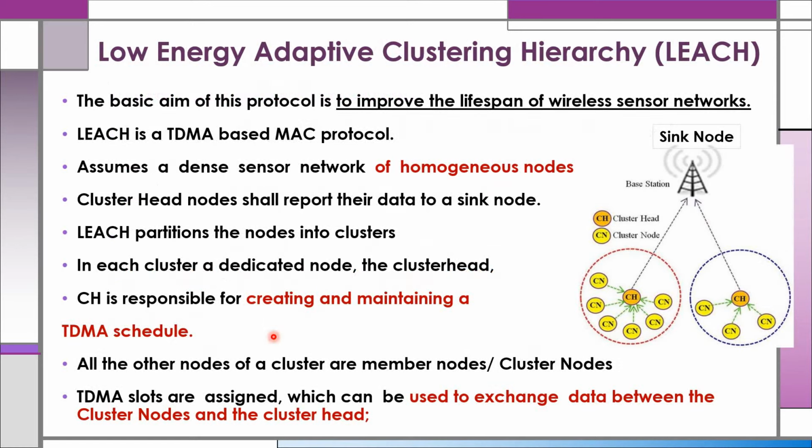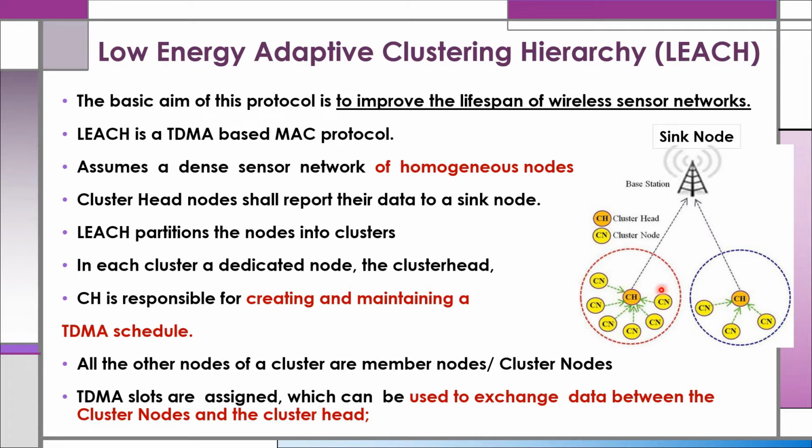So here, first of all, we are going to discuss some specific characteristics of the LEACH protocol. Then we are going to move on to the exact operation of the LEACH protocol. In the LEACH protocol, the basic aim is to improve the lifespan of the wireless sensor network by rotating the cluster head.